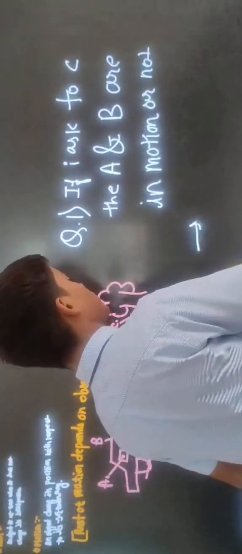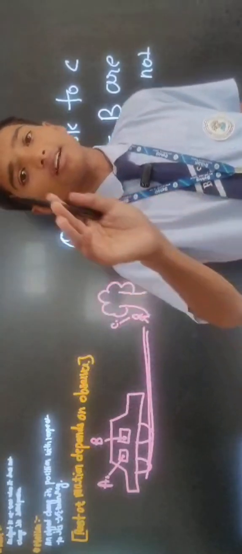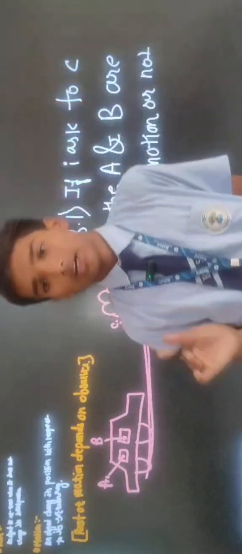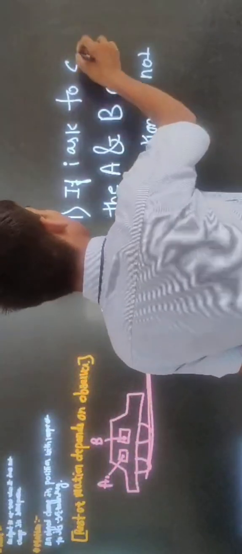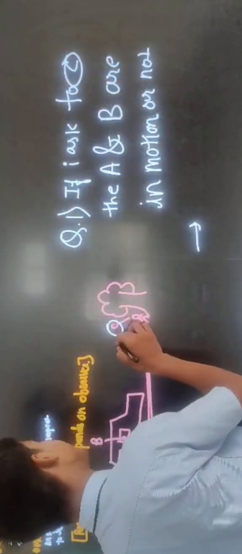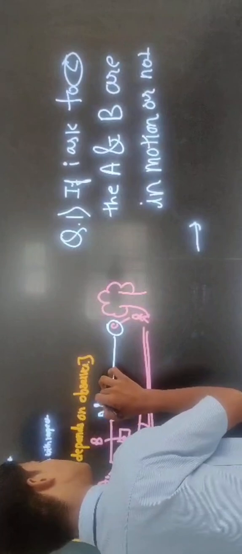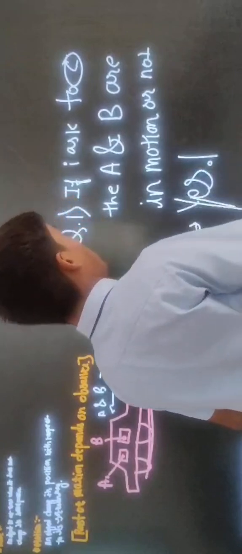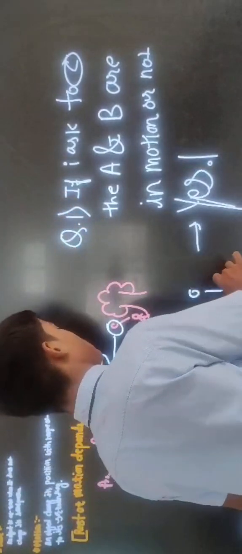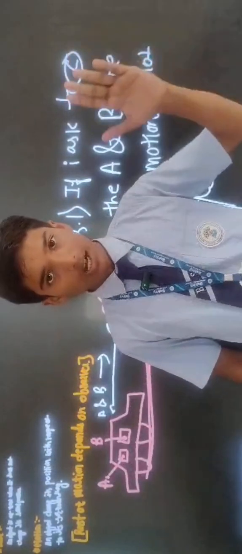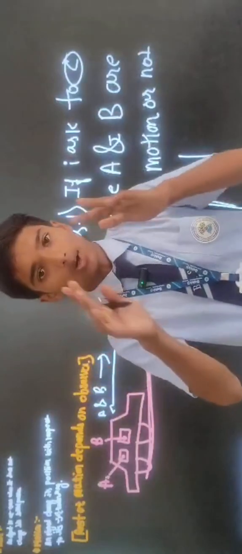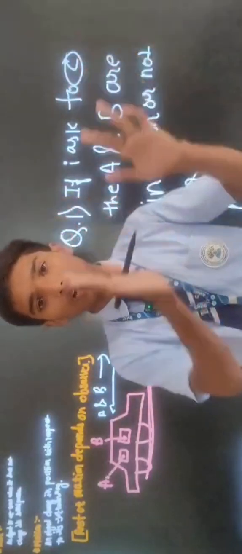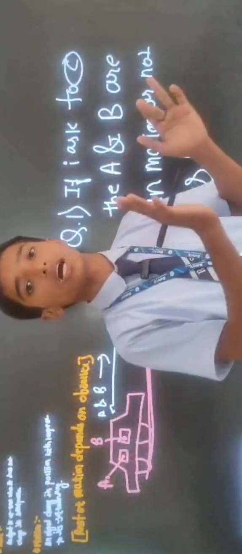You have to write in your notebook or send it in the comment. So please send fast. I will count up to 3. 1, 2 and 3. So C will say that A and B are in motion. Yes, he will say yes. Why will he say yes? Because he is at rest, but the car is moving, and according to his mindset A and B are also in motion as compared to him.